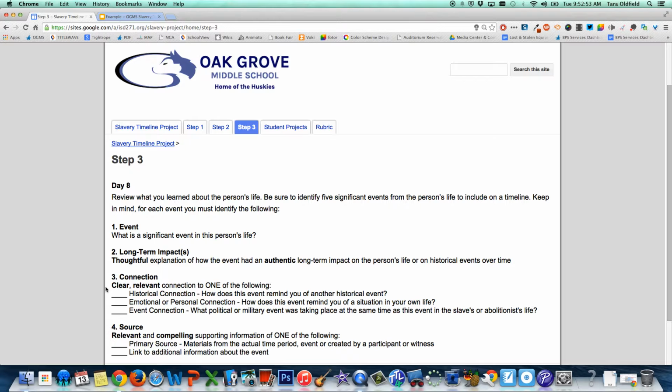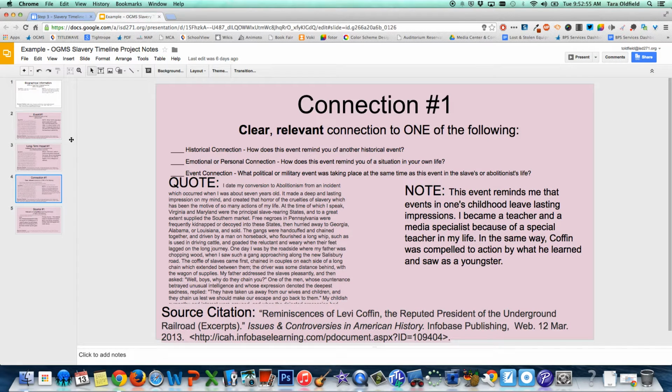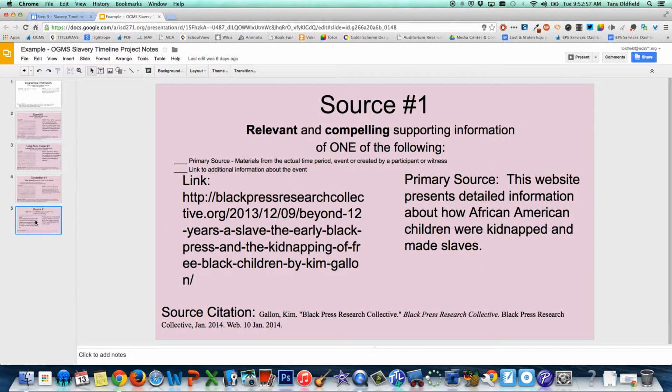So in my example that I showed you last week, my event was Levi Coffin seeing these African American men shackled and walking along the roadside, and his father had explained that they were being taken to the slave market to be sold as slaves. Well, I found a fabulous website that explained more of what was happening in the North.